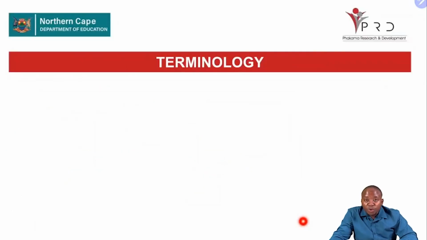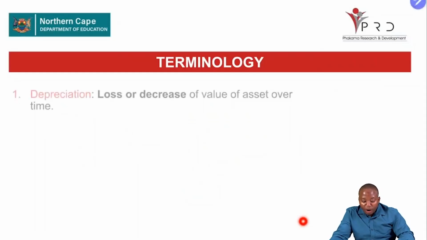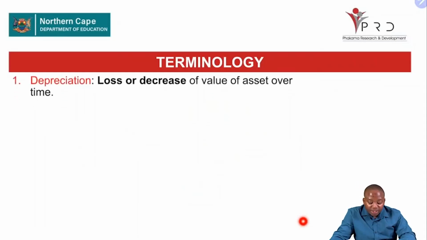Now, let's focus on today's lesson. Our lesson today focuses on depreciation. From our revision, we were dealing with growth. Now, depreciation speaks directly to the decay part of it.